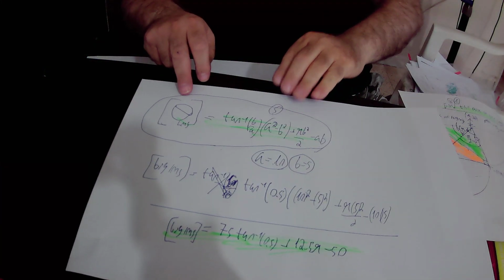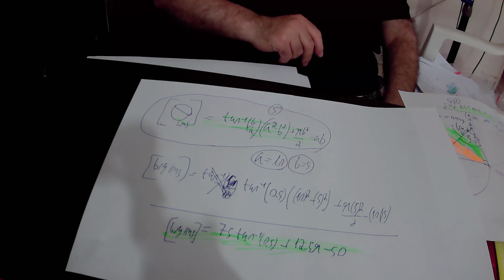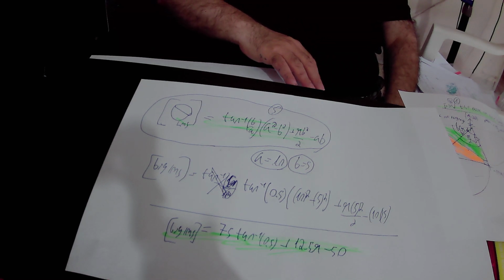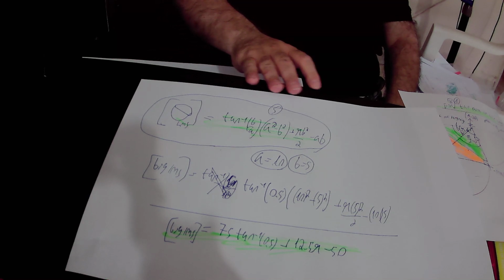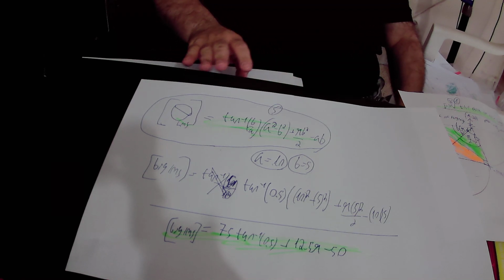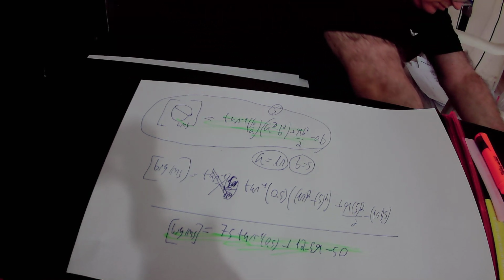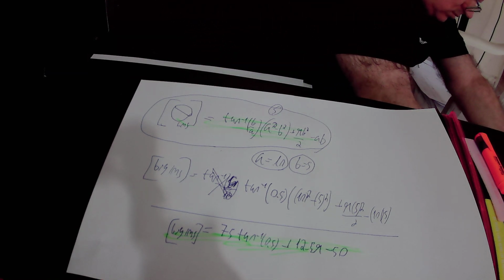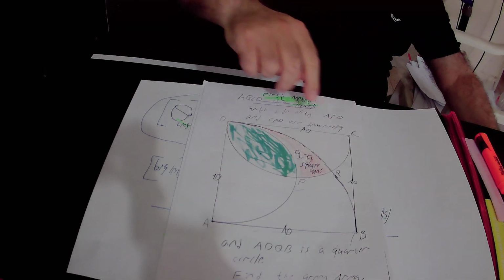Okay, so we did it and we found out that the area of this lens, that could be any lens, equals this expression. Now we can use this expression, the area of any lens, in order to find out the area of the big lens.